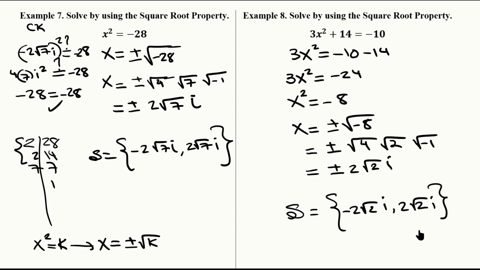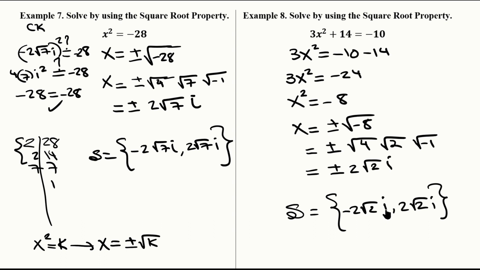Notice that some people prefer to put this i next to the 2, and that's okay too because of the commutative property of multiplication. But pure mathematicians will prefer this because we have the standard complex form, which is a plus bi. So we like to write the b first and then the i. So either way is fine.